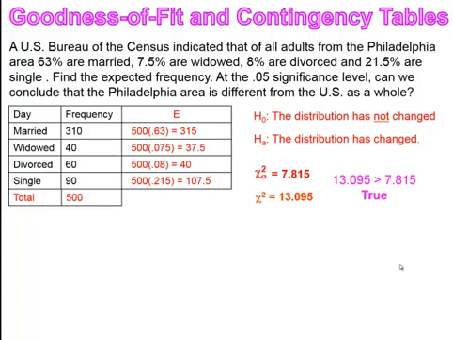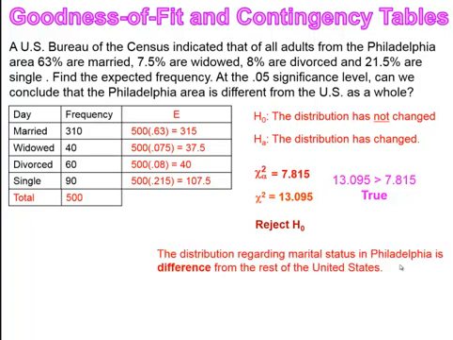Because our test statistic 13.095 is greater than our critical value 7.815, we reject the null hypothesis. And because you're rejecting the null, we can state the distribution regarding marital status in Philadelphia is different from the rest of the United States.